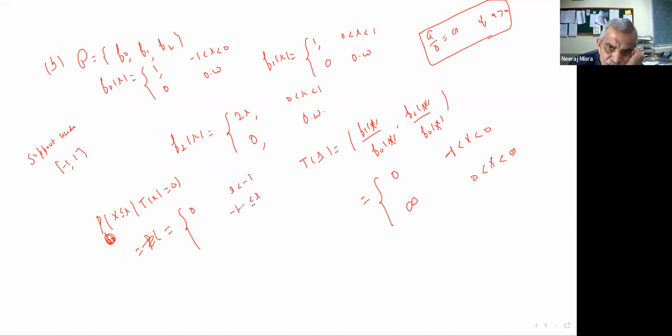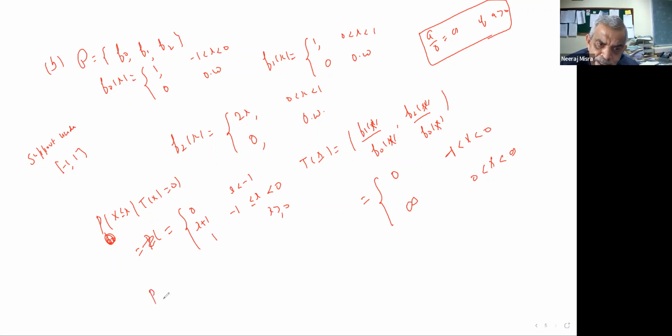If x is greater than -1 and less than 0, the density is F0 on -1 to 0, so this would be x plus 1. And for x greater than or equal to 0, this would be 1.